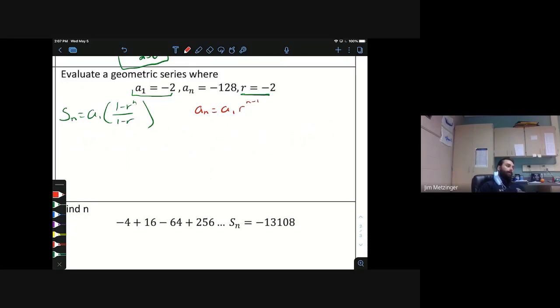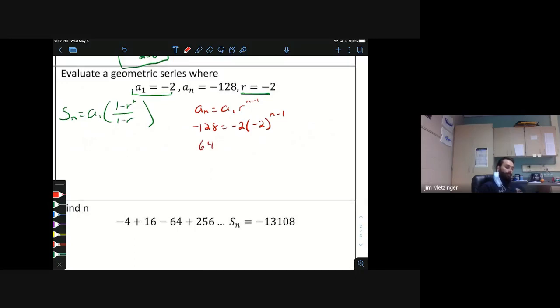So explicit formula: A1 times r to the n minus 1 power. So -128 is equal to -2 times -2 to the n minus 1. I got to figure out what n is. Divide by 2. Was that 64? And you got to think a little bit.